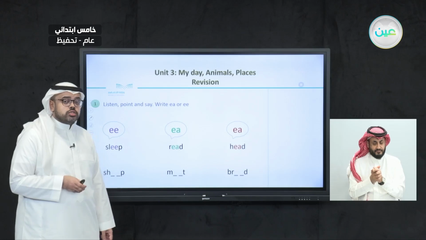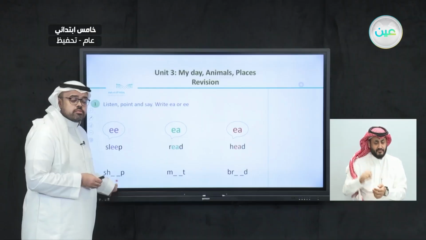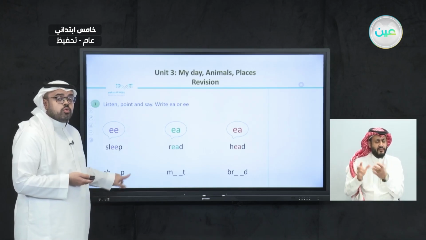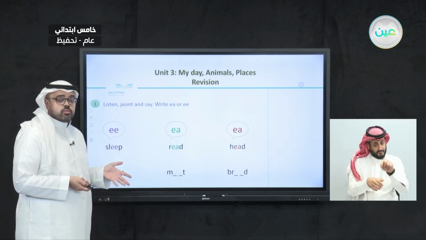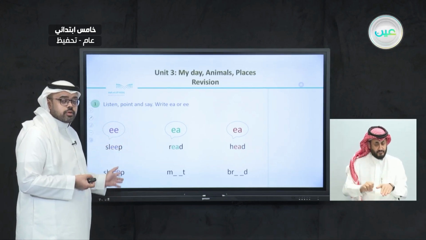Now let's fill in the other words we can see here below, just to know how we pronounce them. The first word from the first sound is sleep, and the second word will have the same sound. Can you guess what we should write here? We should write the same sound as well. So we have sleep and sheep.